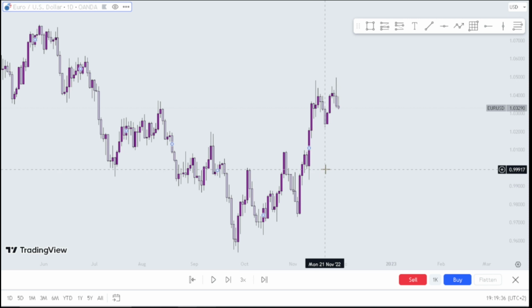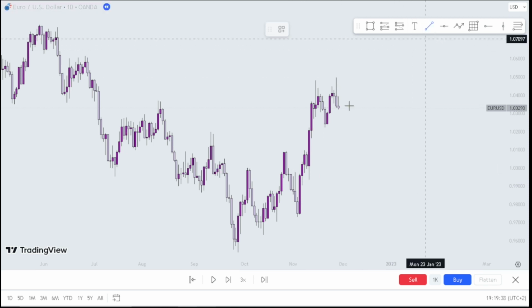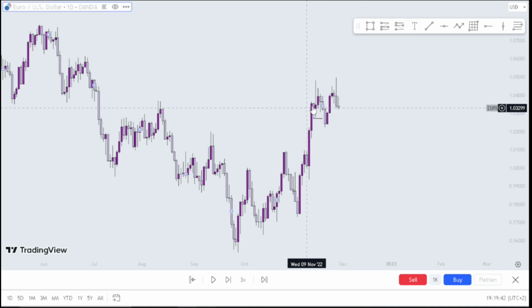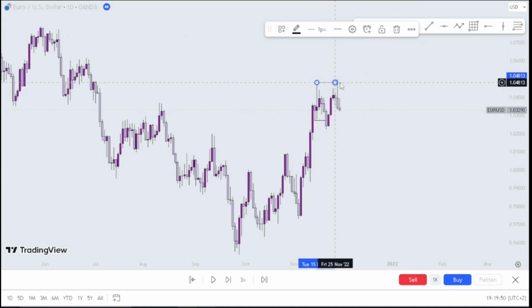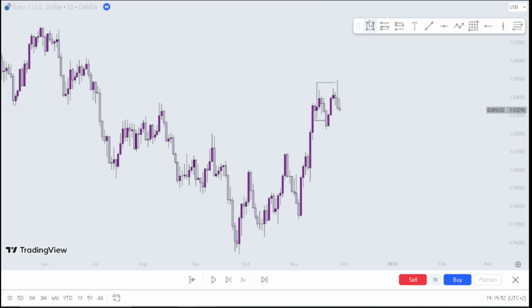Okay, so if you look here, the market came down, it took out this liquidity here. We went higher and then took out this liquidity over here. So this would be our order block here, the last down close candle before the up move.